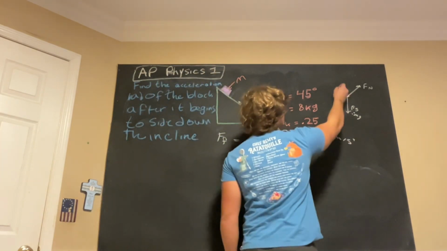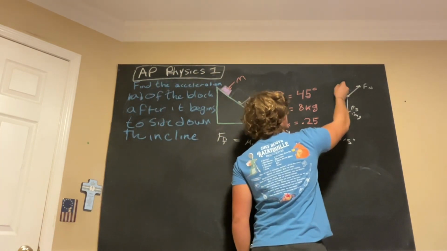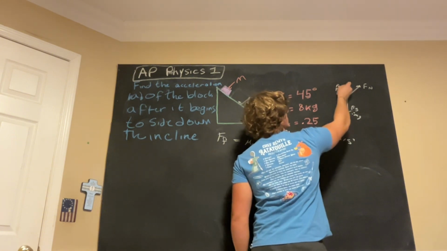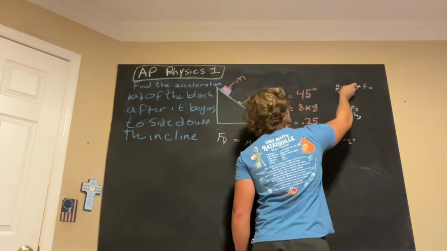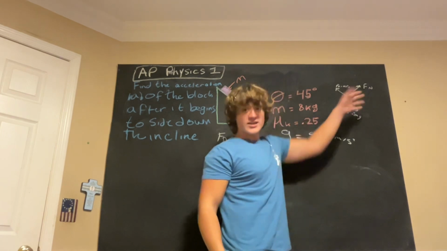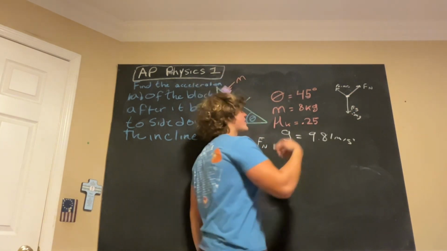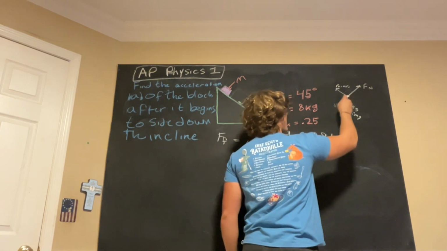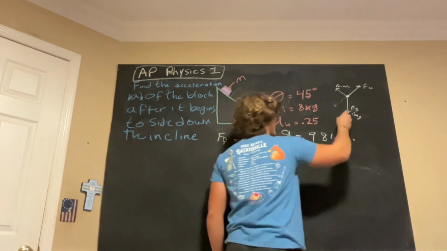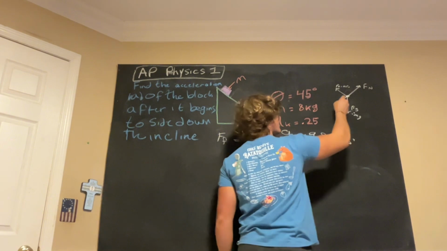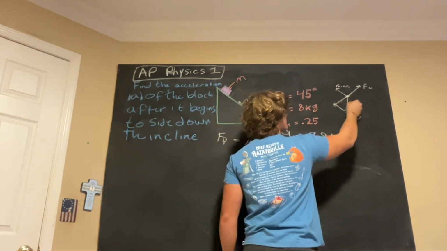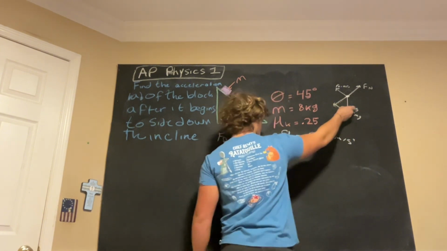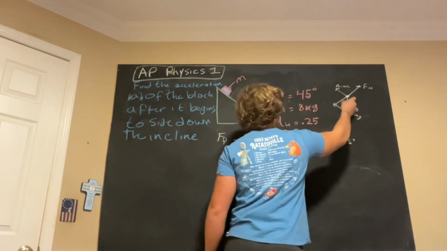So we know that the force of friction is equal to mu times Fn, and Fn is our balancing force. So that means that the force in this direction exerted by gravity must be equal to Fn. This would be our angle right here for our plane.